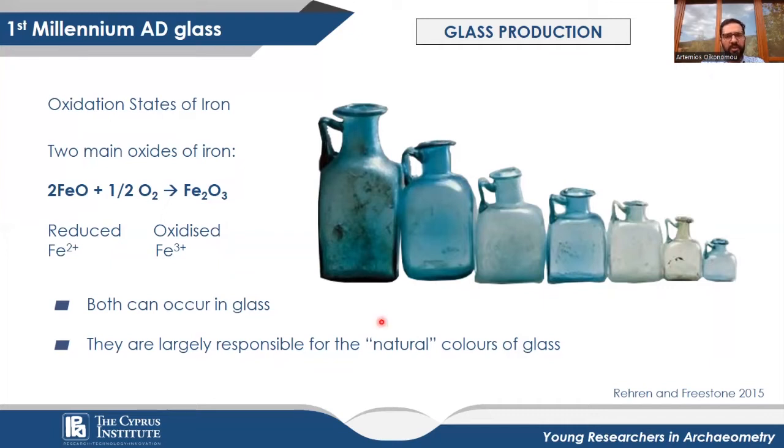The different hues, from aqua blue, blue-green, as you can see here on the left of the glass bottle, to the more yellowish, colorless, let's say, color, are due to the presence of different proportions of the two oxidation states of iron. As I said, iron +2 and iron +3.